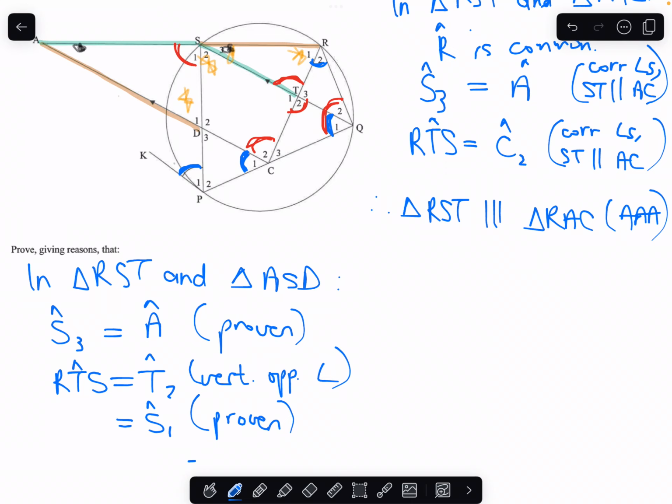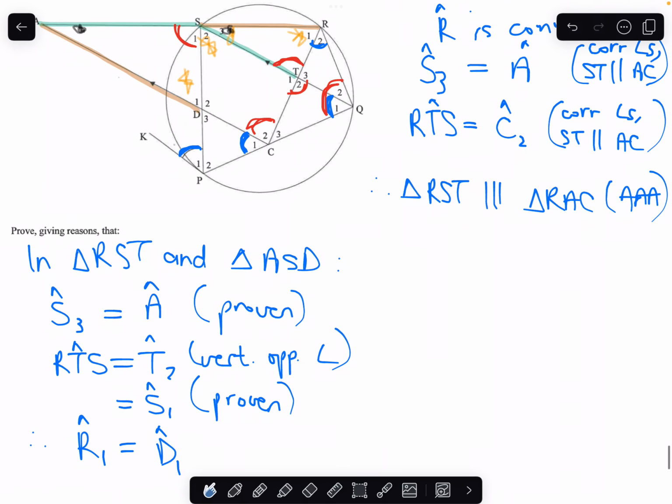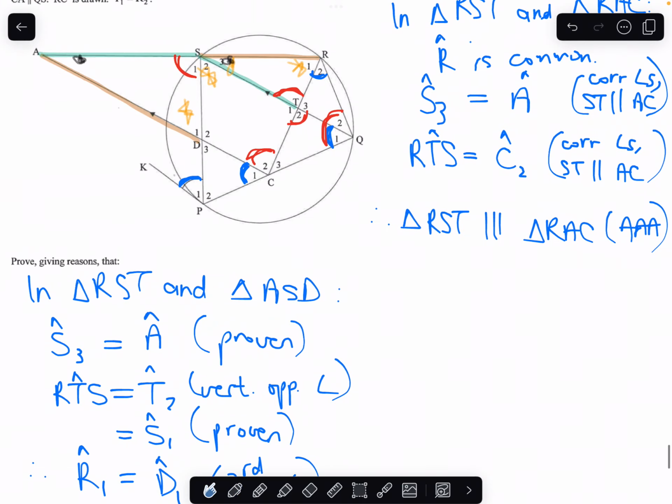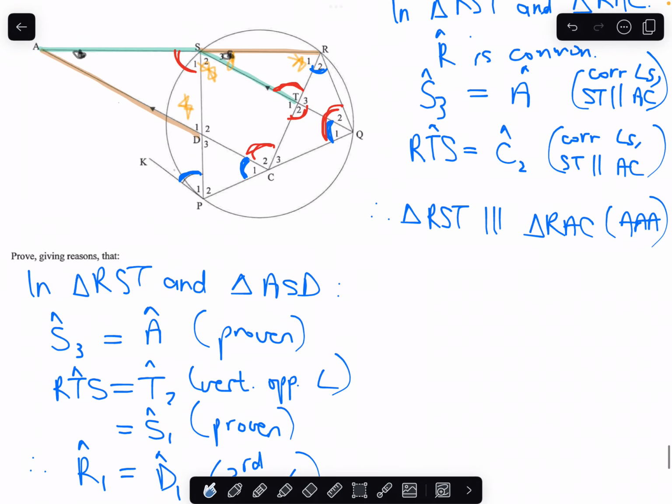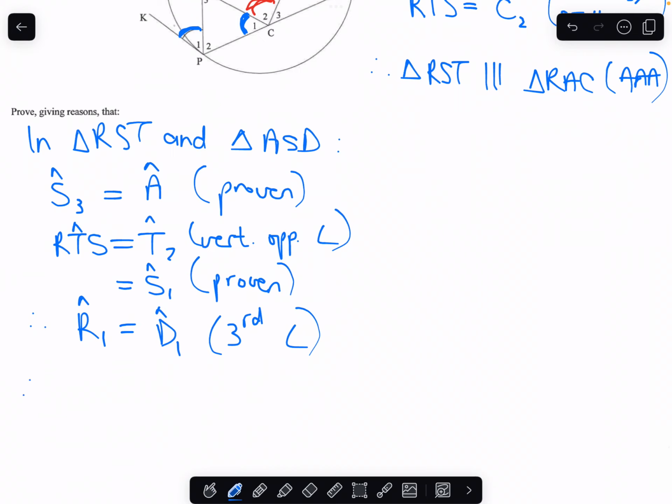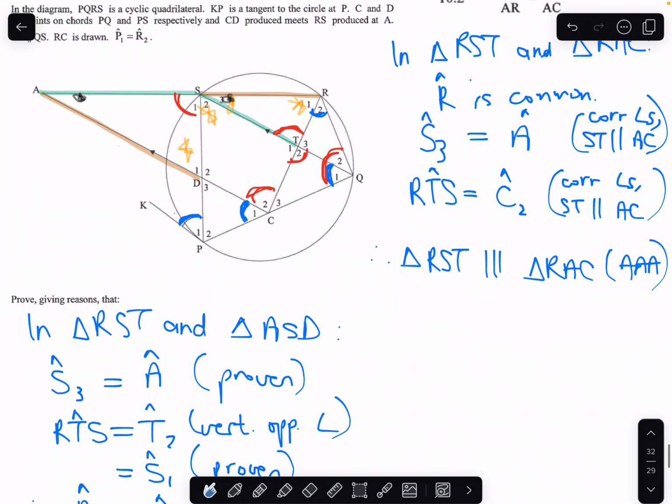Right, and then finally, the last angle, angle R1 is equal to angle D1, and that is because third angle. Okay, right, and so therefore triangle STR is similar to triangle ASD.